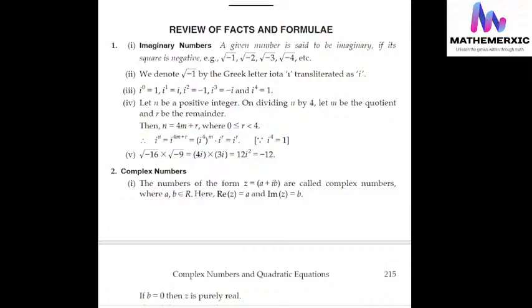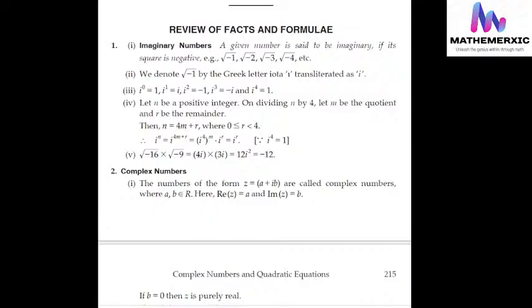Then n is equal to 4m plus r. i to the power of n is equal to i to the power of 4m plus r, and we can separate this out, i to the power of 4 and so on. Take the square root of -4 times the square root of -3: that is 4i and 3i, so i square is -1, and -12 is the answer in this case.